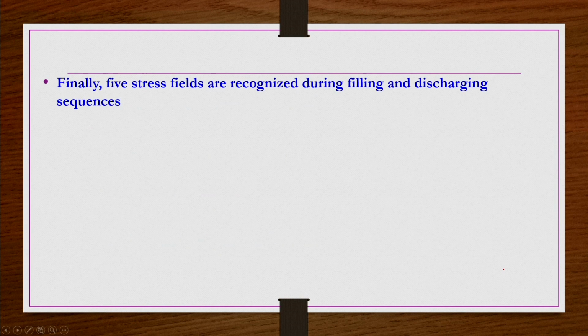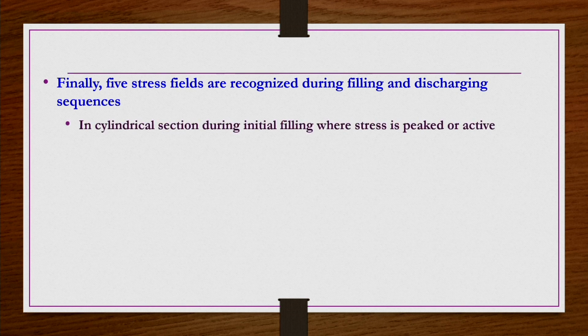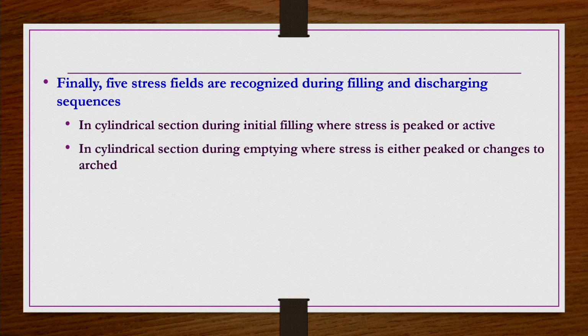So, finally, what we see are 5 stress fields during the filling and discharging sequences of a silo where a simple mass flow pattern is taking place. Once again, to recapitulate: in the cylindrical section during initial filling, the stress is peaked or active. Then again in the cylindrical section, but during emptying, the stress is either peaked or changes to arced, because when the material is drawn out, the lateral movement happens at the bottom and then rapidly moves up.